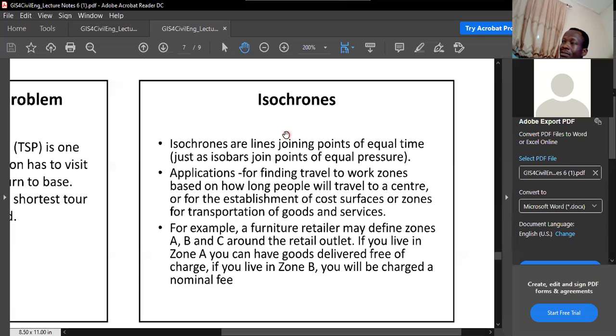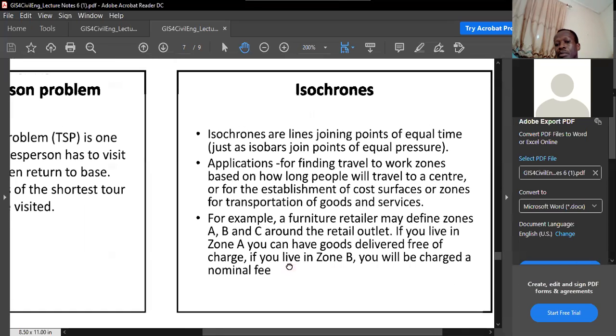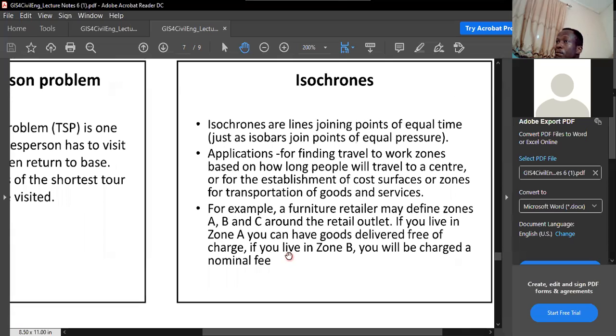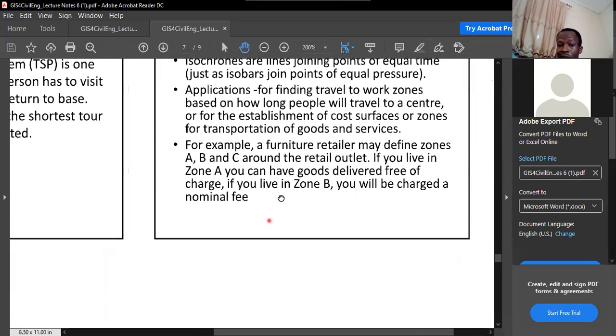I can also look at customers who need to be given some extra incentive, a coupon for visiting a particular shop, for example. So isochrones can be used for that purpose. And for any project that you are doing, you may need to do this. It depends on your knowledge. If you know it, you know it. If you don't, you wouldn't know what to do.